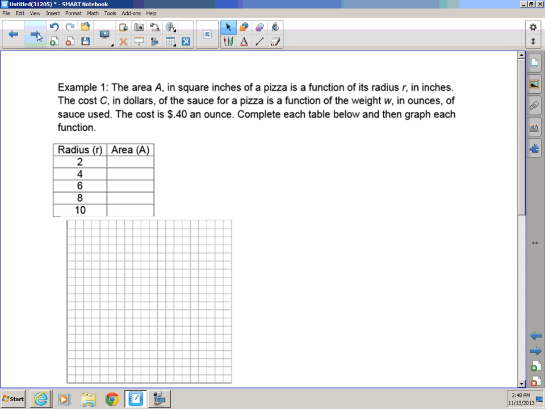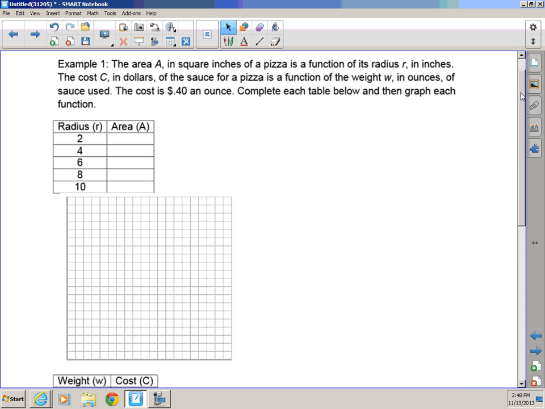All right. Now, we want to demonstrate the concept of linear versus nonlinear through a couple of examples. The area of a pizza is a function of its radius, as the area of any circular figure is. And the cost for the sauce is a function of how many ounces of sauce is used.